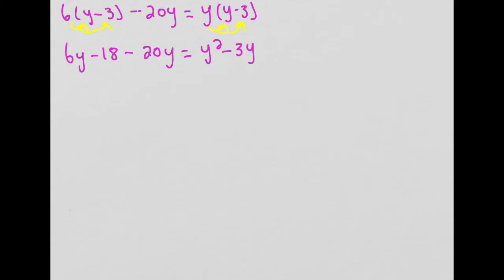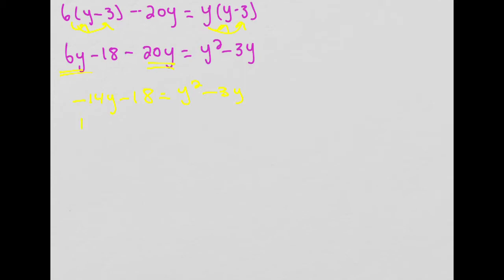Now I'm going to go ahead and solve and combine like terms on the same side of the equal sign first. So this will be this one and this one. So that's going to give me negative 14y minus 18 equals y squared minus 3y. I'm going to set it equal to 0 now.